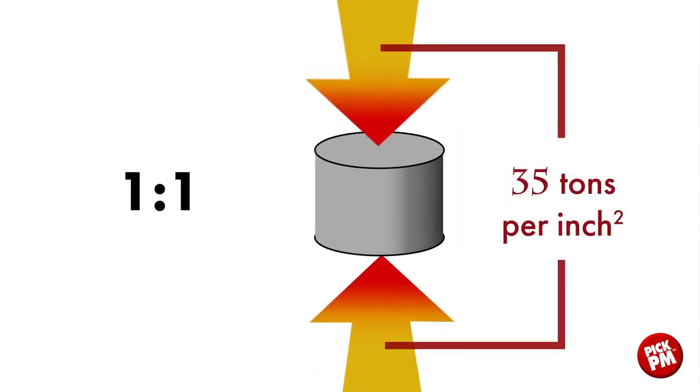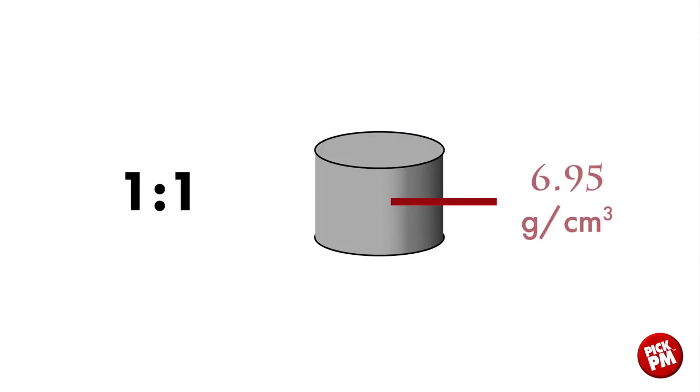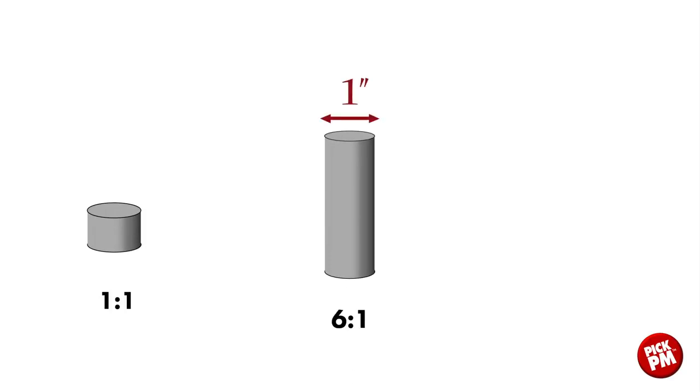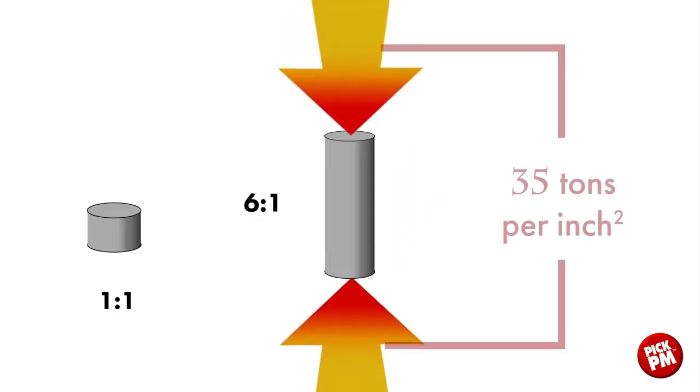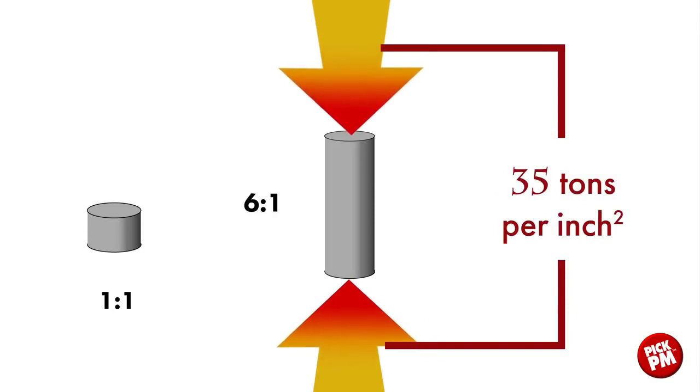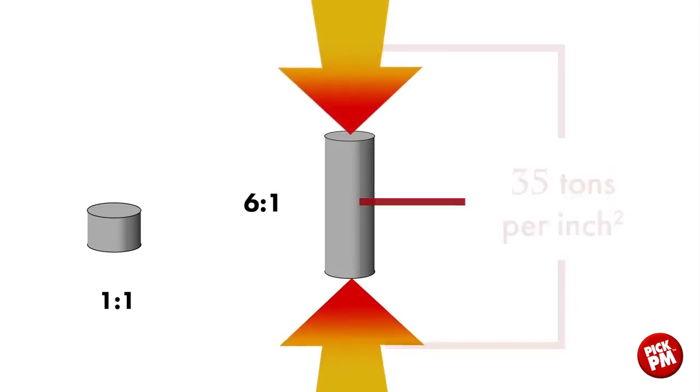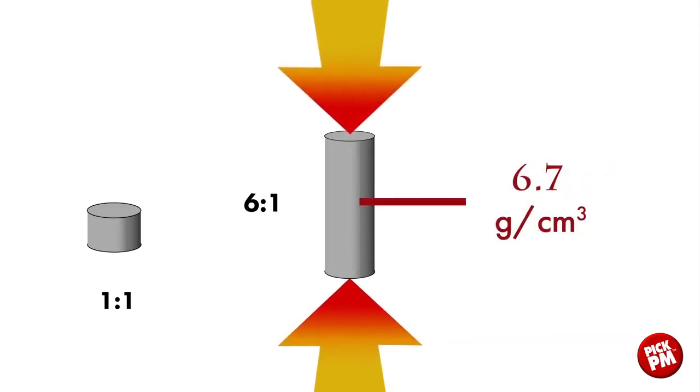If we apply 35 tons per square inch to a typical iron powder, we'll achieve around a 6.95 gram per cubic centimeter density. If we take the same 1-inch diameter and make that 6 inches tall, we have a 6-to-1 aspect ratio. If we apply 35 tons per square inch to that component, we can achieve a 6.7 grams per cubic centimeter density.